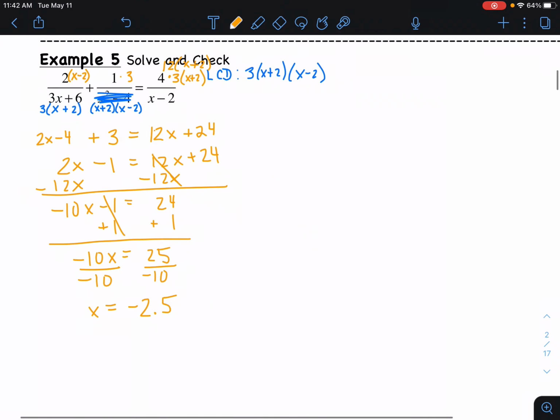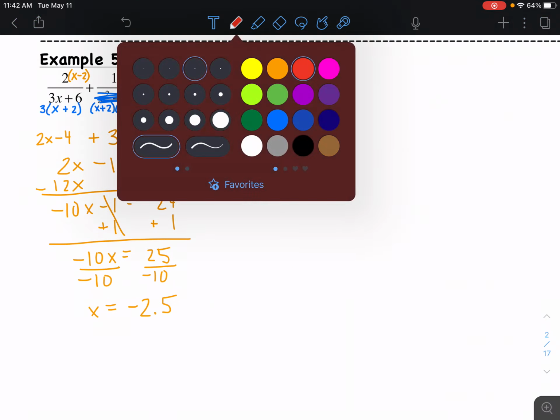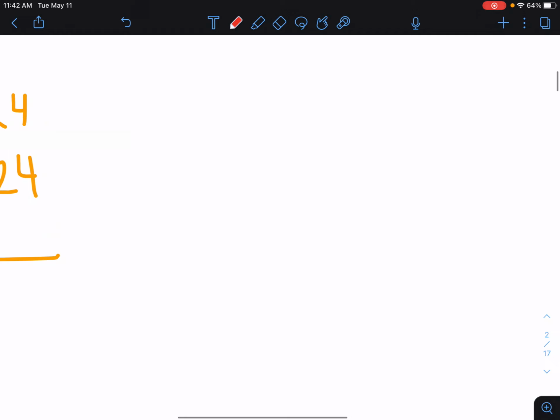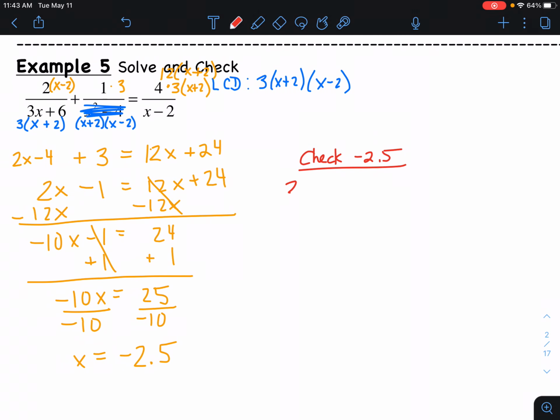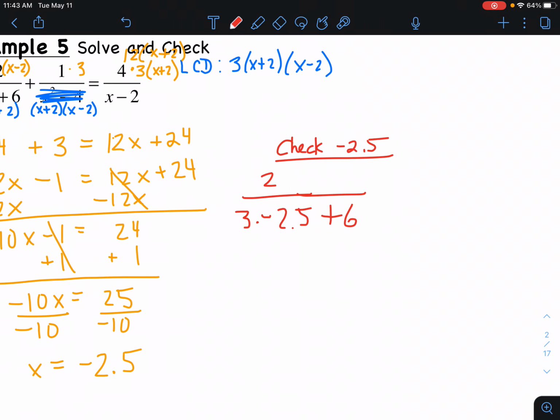Okay, it does say solve and check, so now we're going to check our solution. This is called checking for extraneous solutions. So we're putting back negative 2.5 in for the x's in the original problem. Just clean that up.